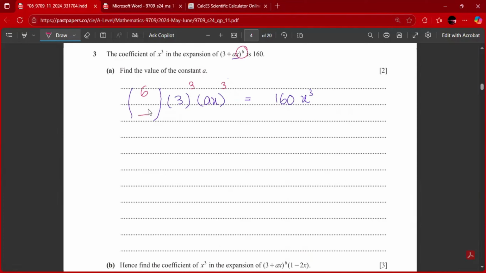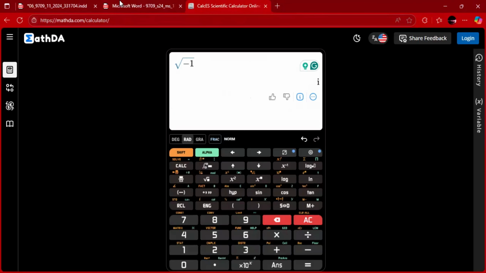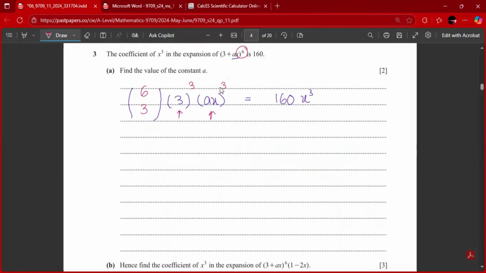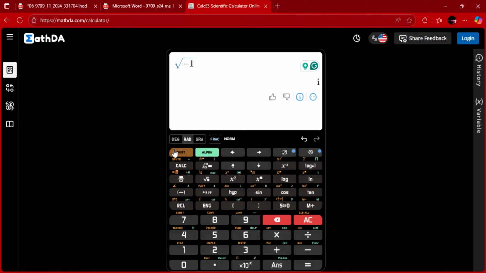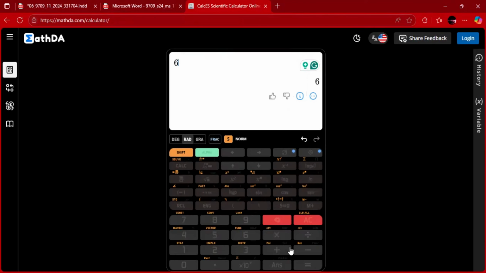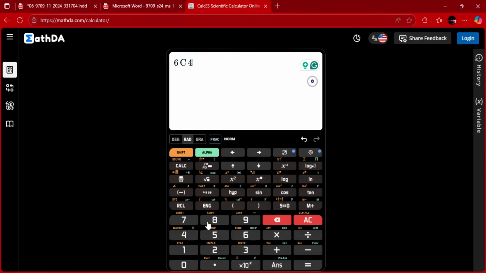And what do we write here? You can write the power of this value or the power of this value. The answer is the same. It does not matter. Let me just show you. For example, let's say we are doing 6 to the power of 6 combined 4. 6C4 is 15.